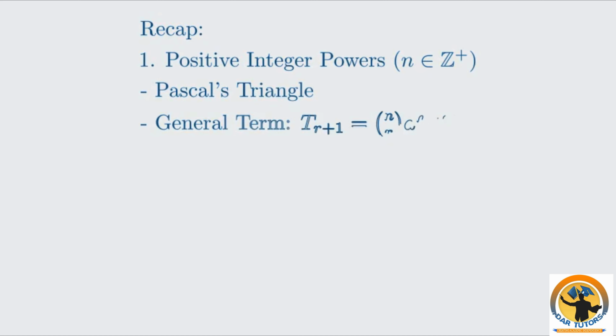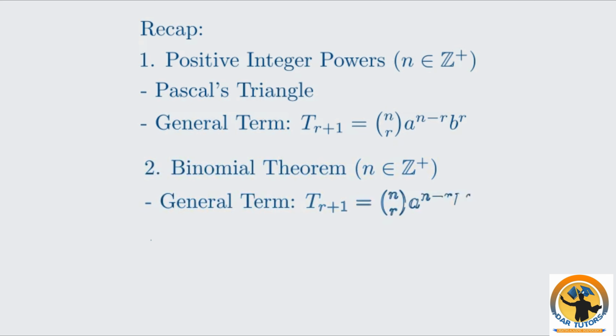Let's quickly recap what we've covered. We began with binomial expansions for positive integer powers, using Pascal's triangle for coefficients. We then introduced the binomial theorem, which provides a general formula for any term in an expansion using binomial coefficients. Finally, we extended this to rational powers, which results in an infinite series that converges only for a specific interval of x values.